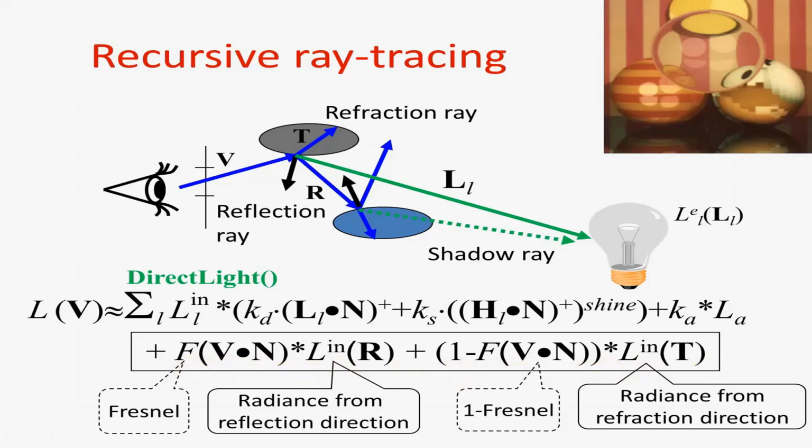This equation expresses the radiance of a surface point in a given direction as a function of the direct light sources and the radiance coming from the ideal reflection and refraction directions. The question is how these new terms can be obtained.